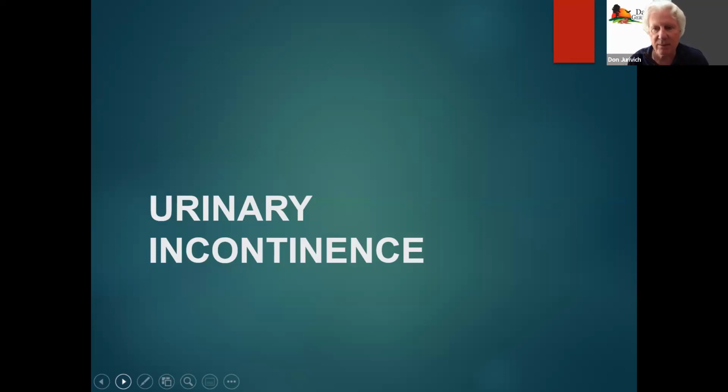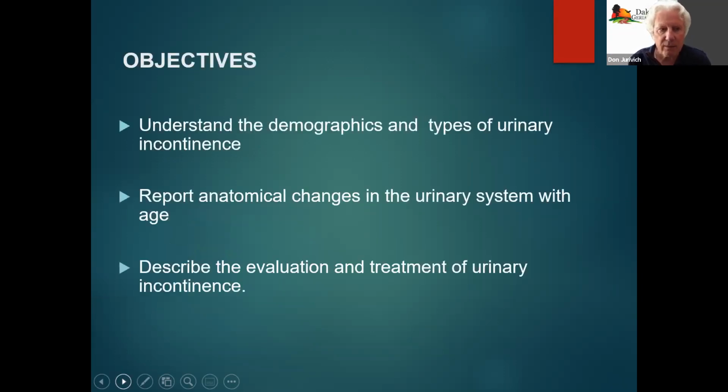So can I have the next slide, please? So what we'd like to understand today is the demographics and the different forms of urinary incontinence, how we categorize them. We want to talk about the anatomical changes that occur with age that predispose towards urinary tract issues. And then we want to walk through both the assessment and the management plan of urinary incontinence, which quite honestly has evolved over the years.